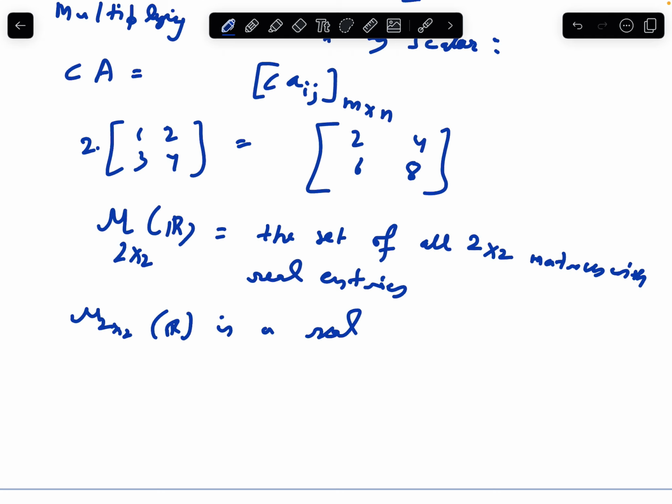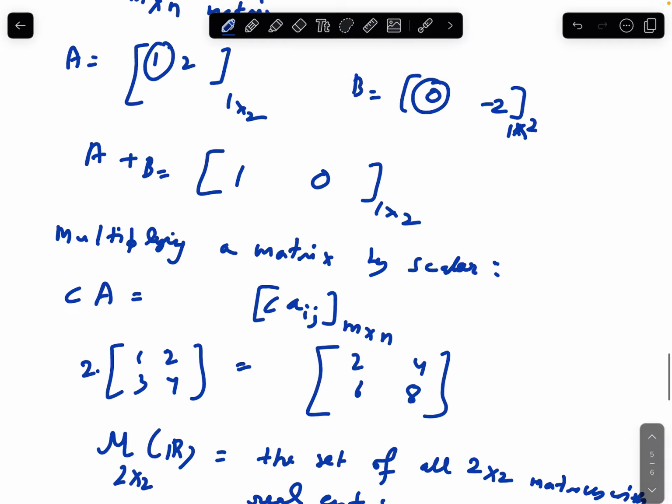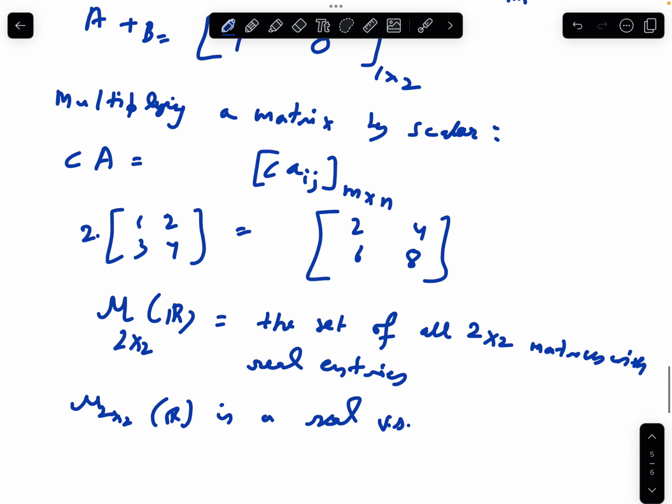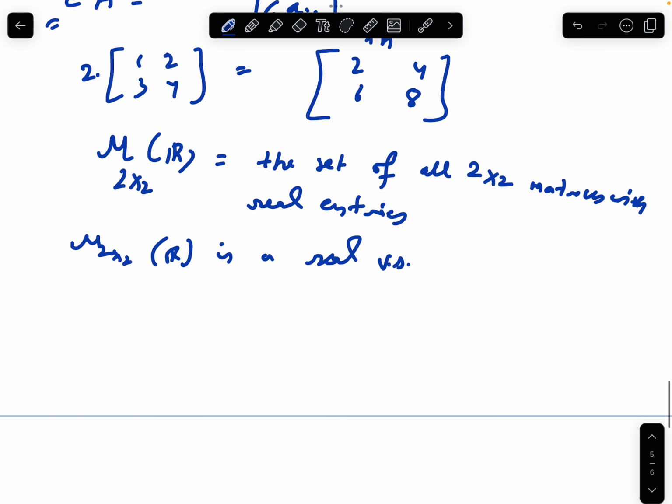Then you'll ask me what are the operations? Well, I'll say operations are matrix addition, this addition that we have defined here, and scalar multiplication is this. The answer is yes. As you can check, and you should check, it is a vector space, right?